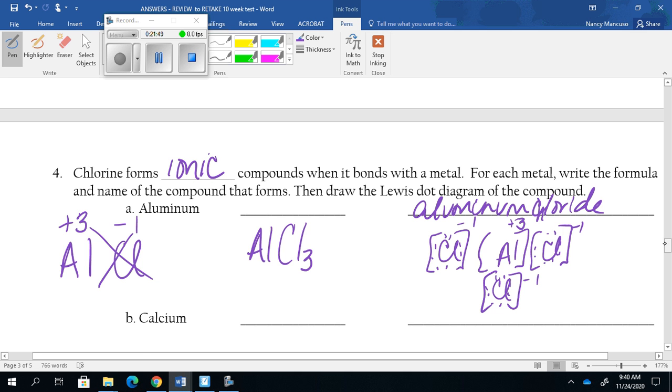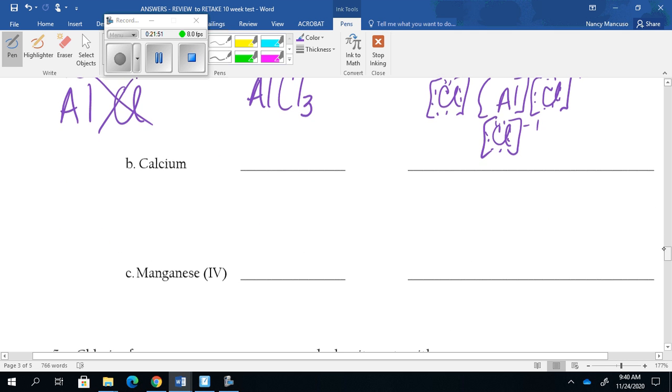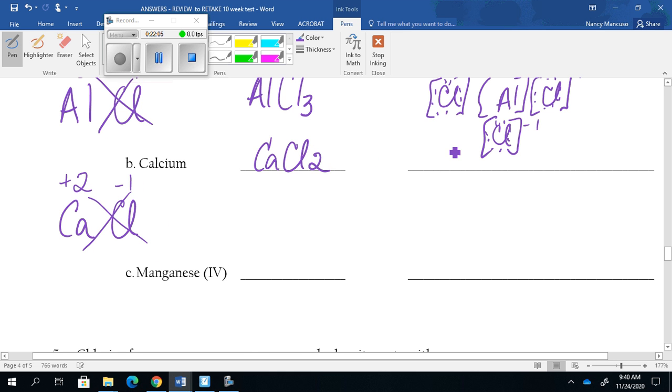All right, calcium. Calcium, Ca. I look it up on the periodic table, and in the top right corner, it tells me that it's a +2 ion. Cl is a -1. Crisscross. And I get CaCl2, which is calcium chloride.